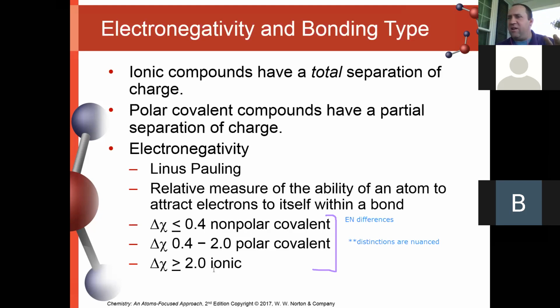We see there's a lot of variability. The lines here are fuzzy, they're blurred, they're not distinct and discrete. So we use them as a general rule of thumb, but they're not going to be super discrete. We're not going to be able to make massive generalizations based off of them.